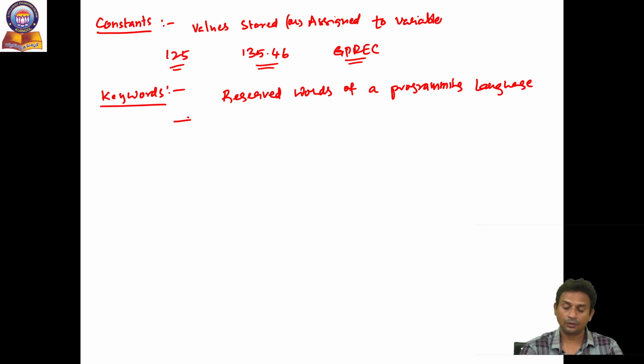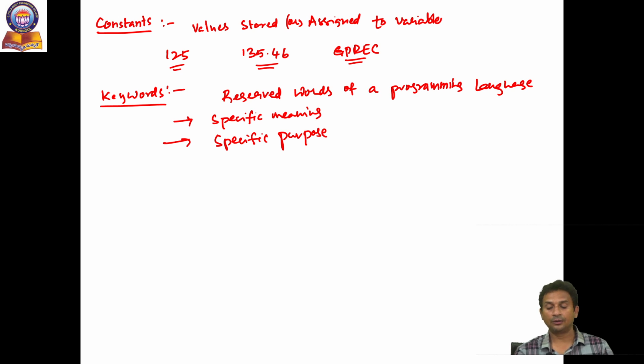Each keyword has a specific meaning and a specific purpose. Every keyword has a specific meaning in the programming language, and it does some work or has some specific purpose.